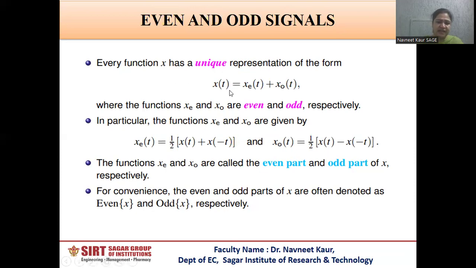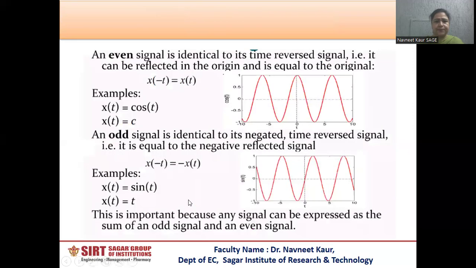So, if I have a signal x(t), it can be represented as the sum of the even component x_e(t) and the odd component x_o(t). The even component x_e(t) is given by x(t) plus x(-t) divided by 2, whereas the odd component is given as x(t) minus x(-t) divided by 2. The even and odd components are often denoted as Ev{x} and Od{x} respectively.